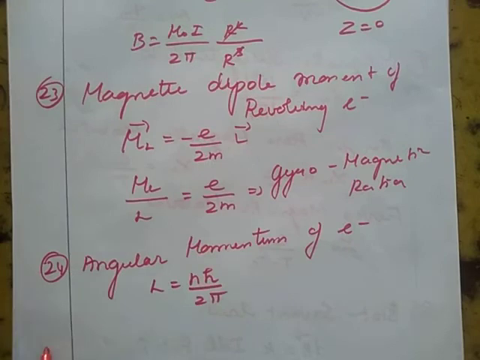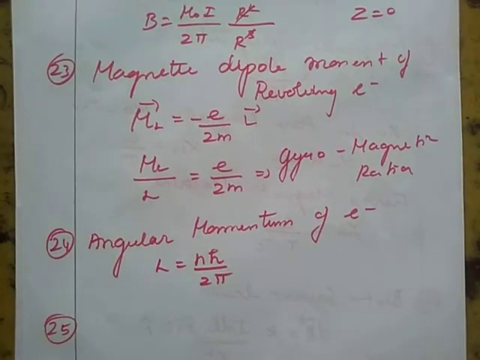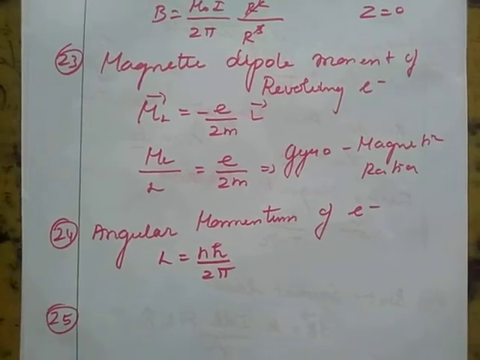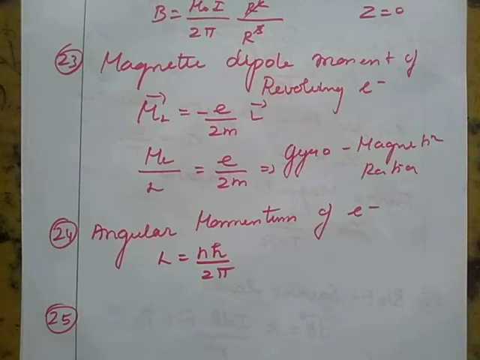Then by using Ampere's circuital law, we can also find the magnitude and direction of the magnetic field. Biot-Savart law is a little complex and uses more mathematics, so we prefer Ampere's circuital law.